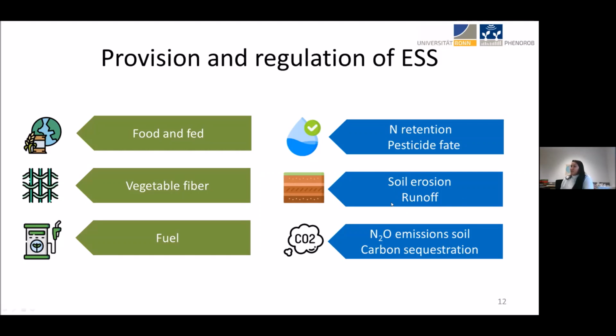And we are also able to simulate runoff already, and many models are able to simulate runoff dynamics. Also, in terms of greenhouse gas regulation, many models are also able to simulate the dynamics of nitrous oxide emissions, and also soil carbon sequestration in the long term.